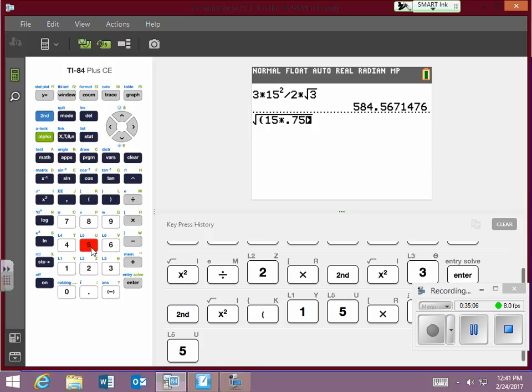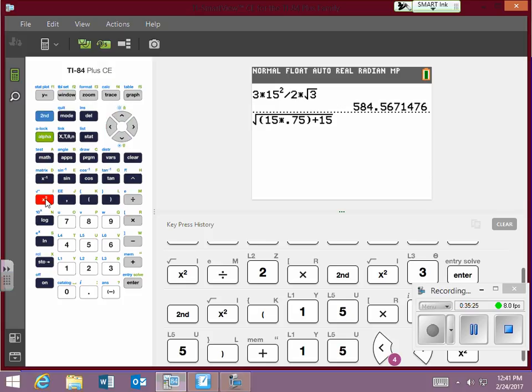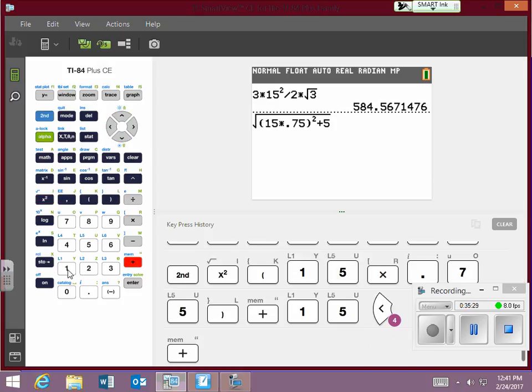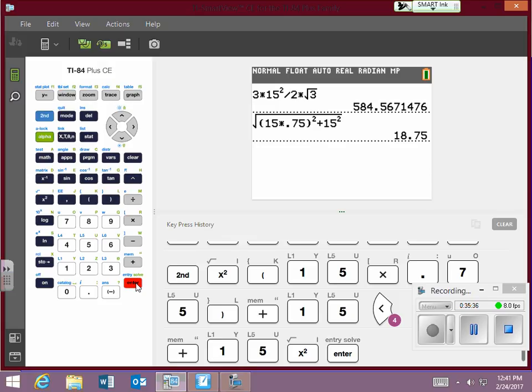So then bracket that. Then plus the 15. Oh, dang it, I gotta square it. I think I do it right here. Plus 15 squared. Is that what you got? That's it.